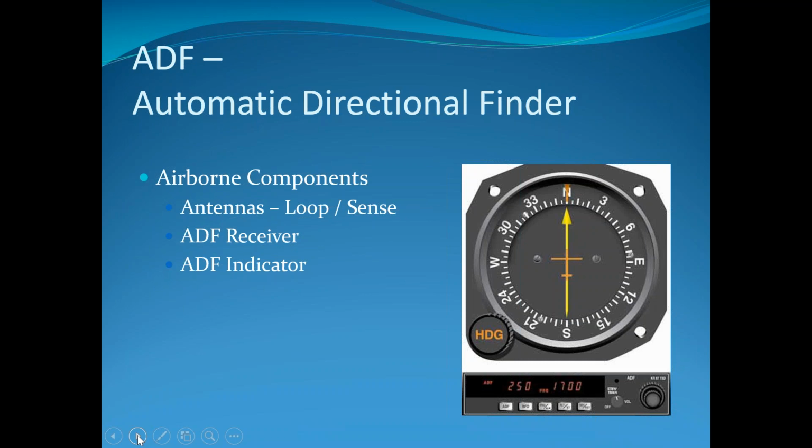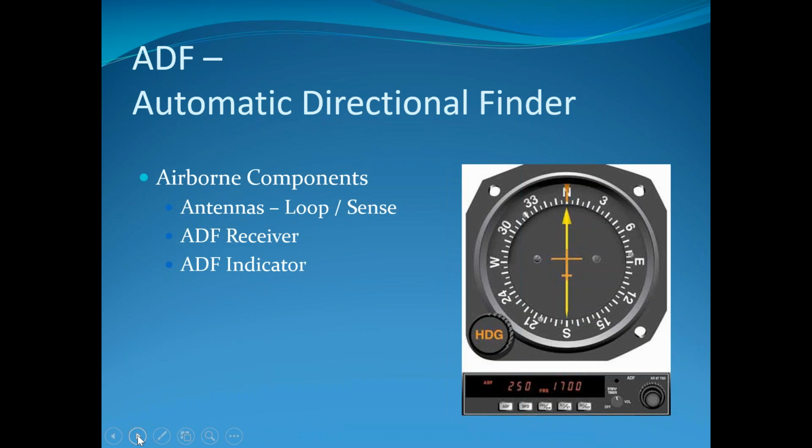So we look at what's the ground-based receiver, and then the next thing we look at is what is the instrument in the airplane that actually is used to pick up that particular ground-based navigational aid. So an ADF is in an airplane, and it's what picks up the NDBs.